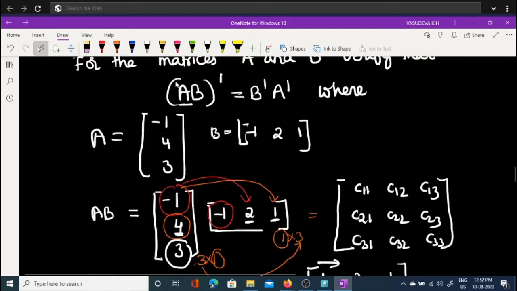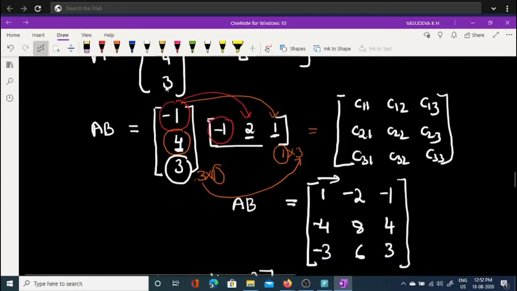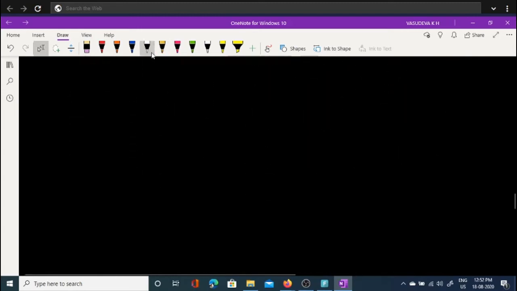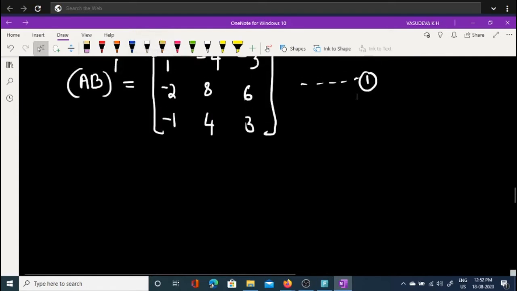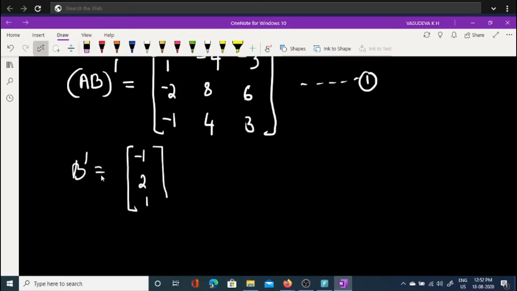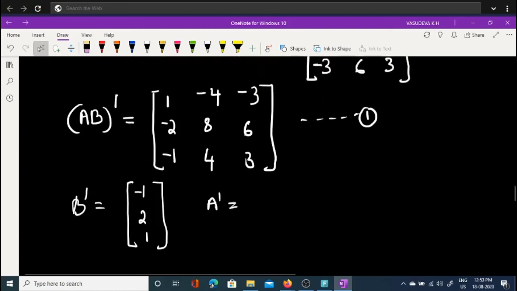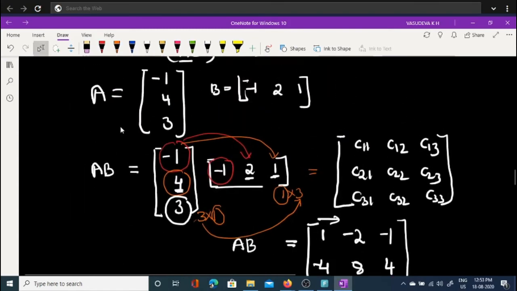So now consider B. B is minus 1, 2, 1. So B dash is the column matrix minus 1, 2, 1. So this is B dash. Now we have to take A dash. What is the A matrix? Minus 1, 4, 3.